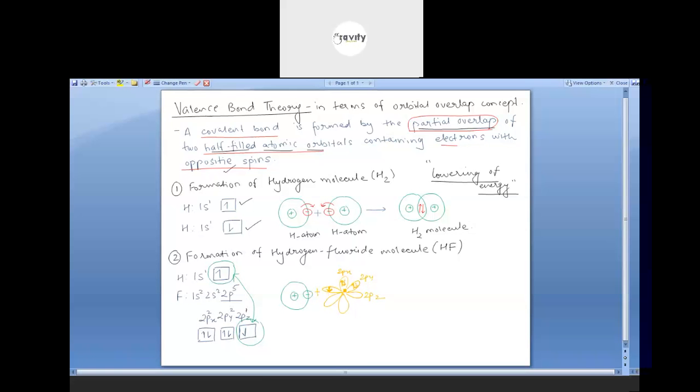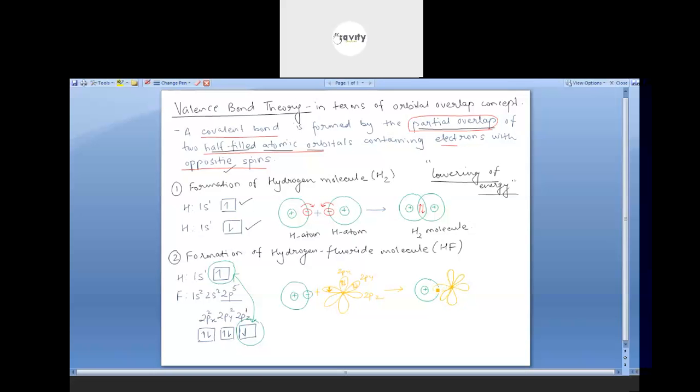When these two overlap or combine, they lead to the formation of a partial overlap, which looks something like this. Here is the hydrogen, and the fluorine has undergone overlapping with the help of 2pz, while 2px and 2py are present as such.